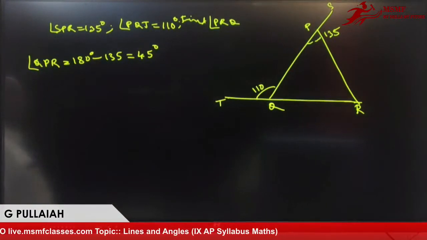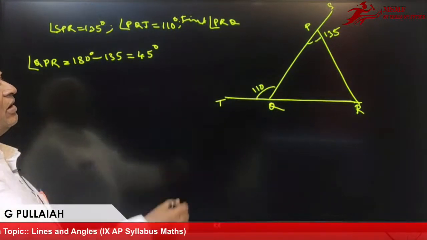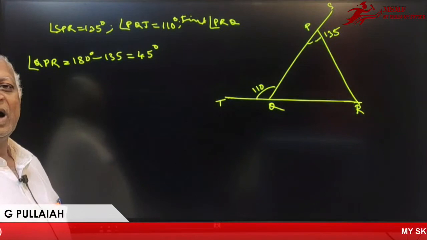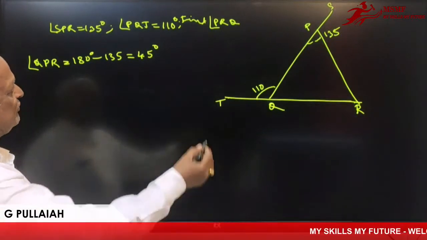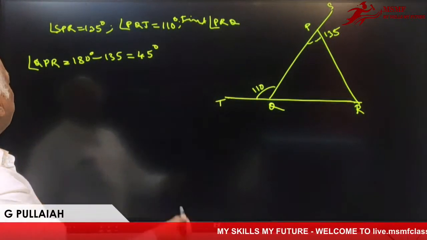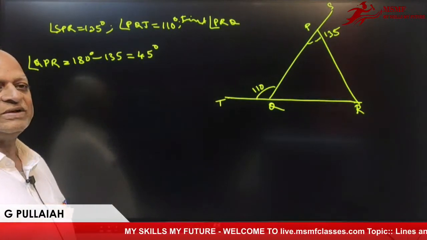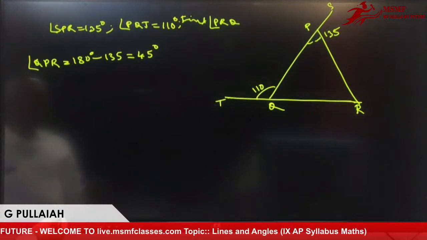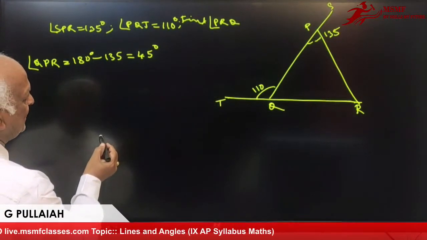Followed? Observe QPR and SPR are a linear pair. So if SPR is 135 degrees, QPR is 45 degrees. One thing is over.